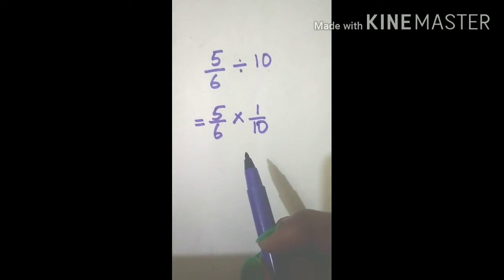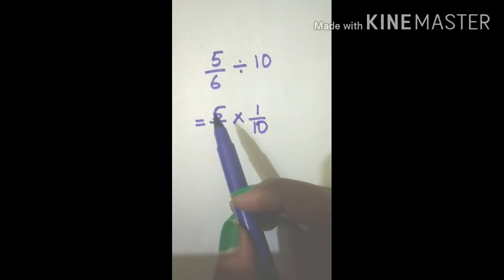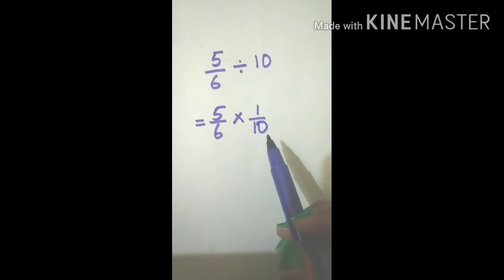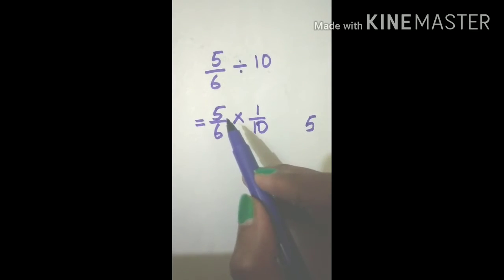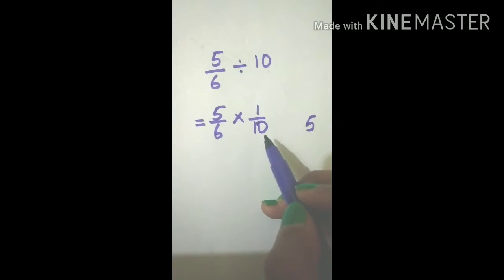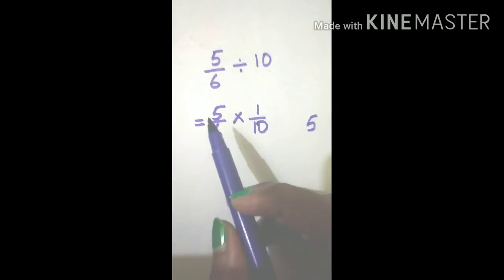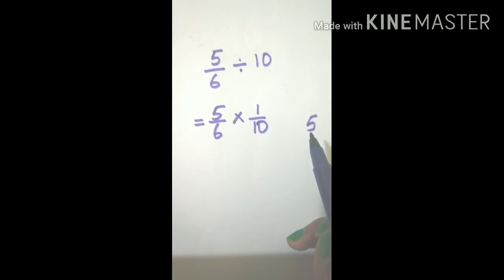Now students, if we observe carefully, we can see that the numerator 5 and the denominator 10 has a common factor 5. So we have to divide the numerator 5 and the denominator 10 by 5. That means we will cancel 10 and 5 by 5.